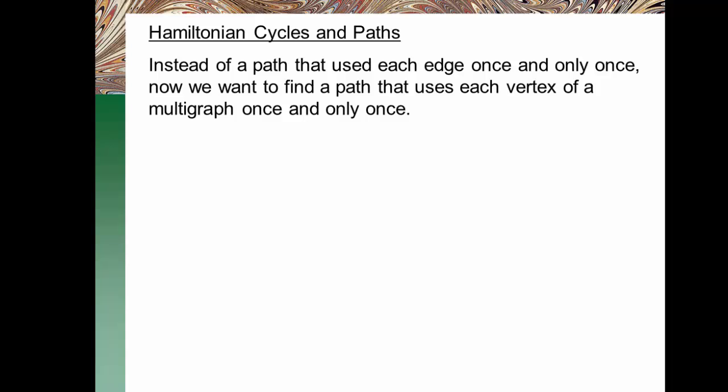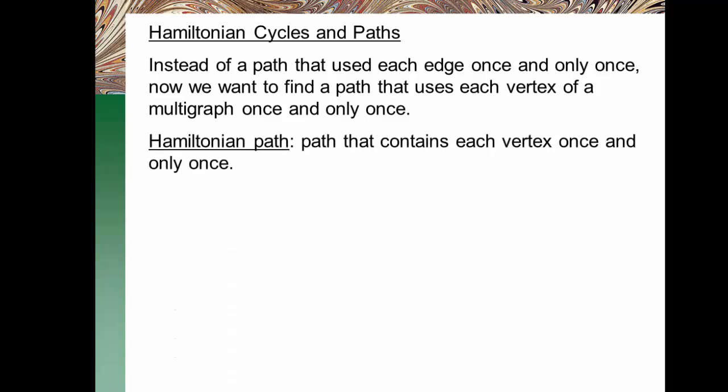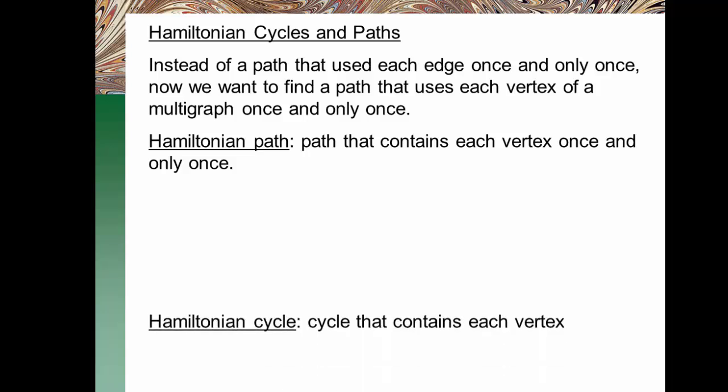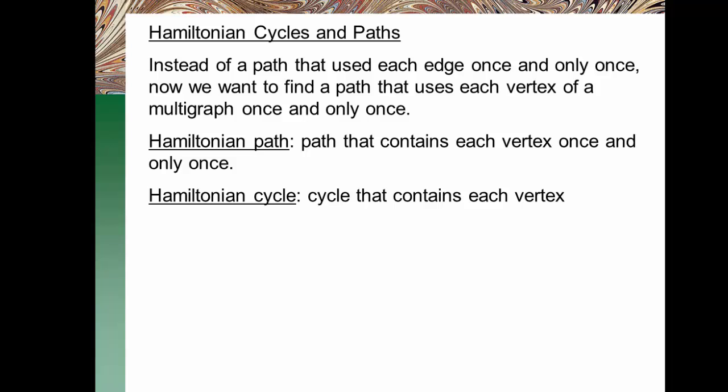Now we want to consider a path that uses each vertex of a multigraph once and only once. Those are called Hamiltonian cycles and paths. A Hamiltonian path is a path that contains each vertex once and only once. And a Hamiltonian cycle is a cycle that contains each vertex.